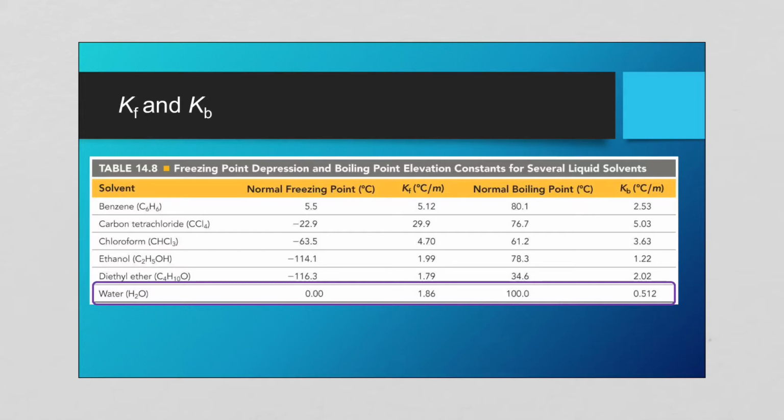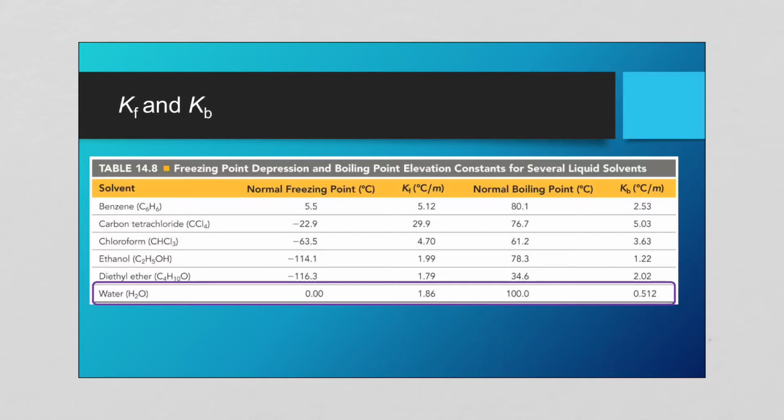Now, a general observation, right, is that notice the effect on the boiling is typically lower than the effect on the freezing. So you can see here, there's a 1.86, right? Now remember, this is going to be multiplied by the concentration.